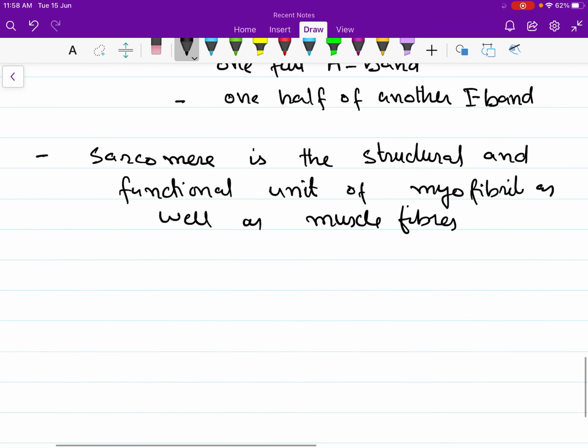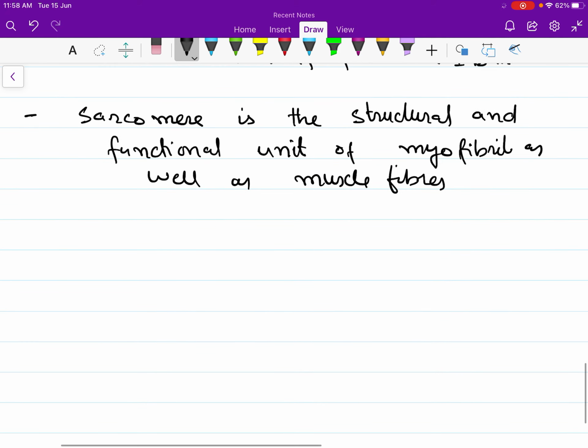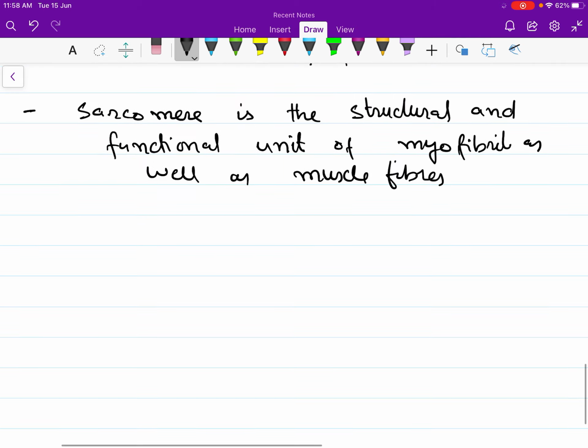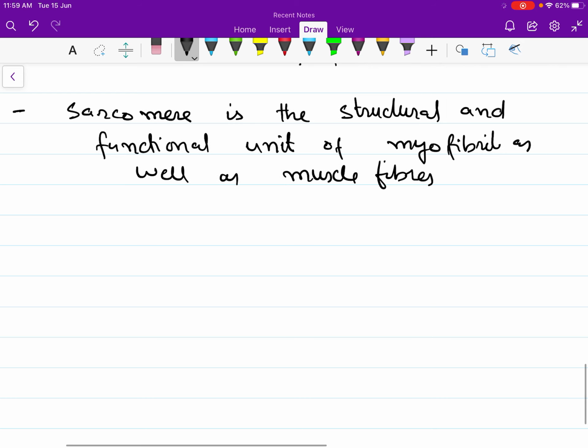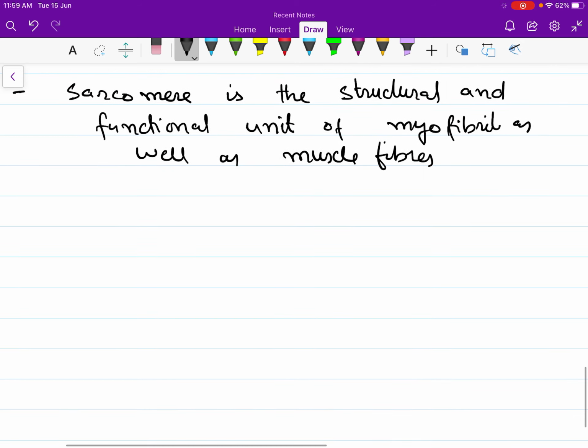Now, as far as the distribution of these I and A bands is concerned, their distribution is such that each thick filament is surrounded by 6 thin filaments, and each thin filament is surrounded by 3 thick filaments. So let me draw them just like this.